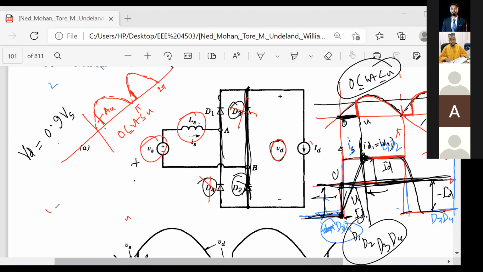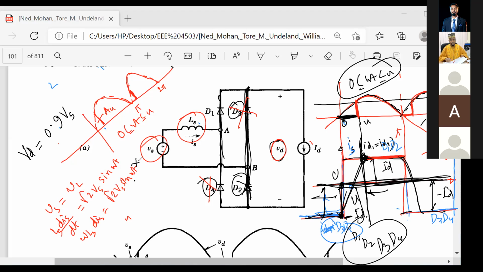If you apply Kirchhoff's voltage law again, same as before, your VL, which is Ls dis/dt, equals root 2 Vs sine of omega t. Now am I audible?